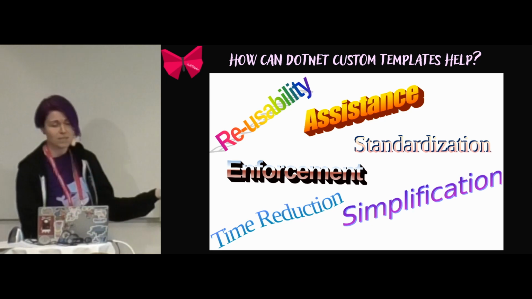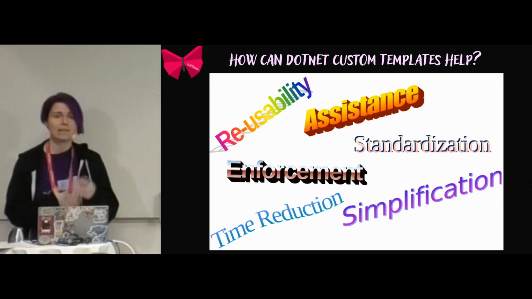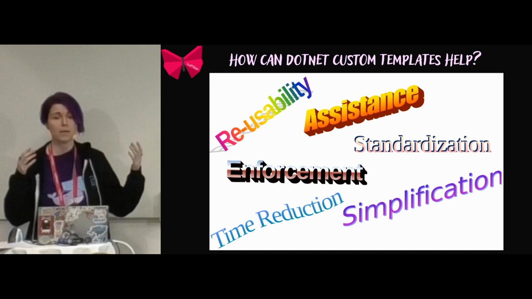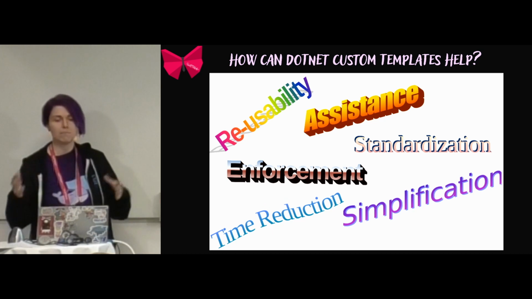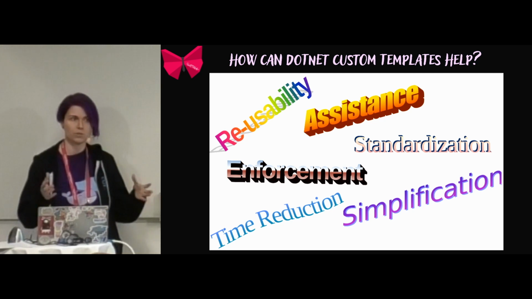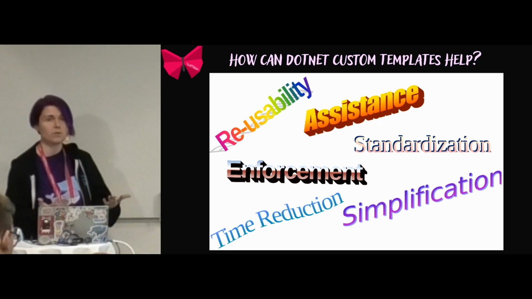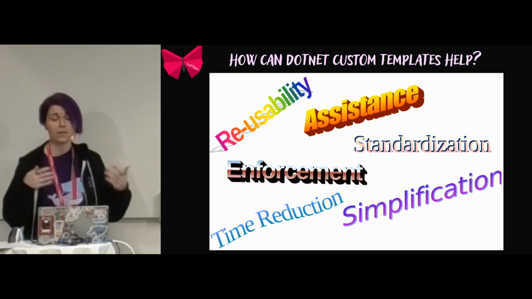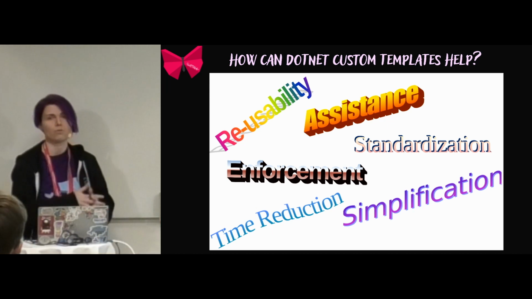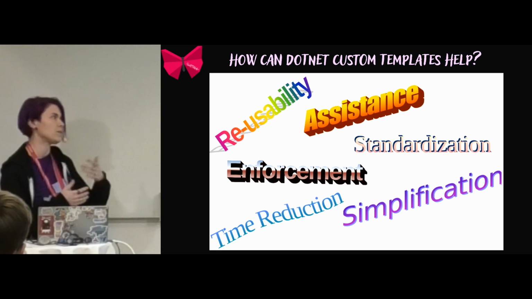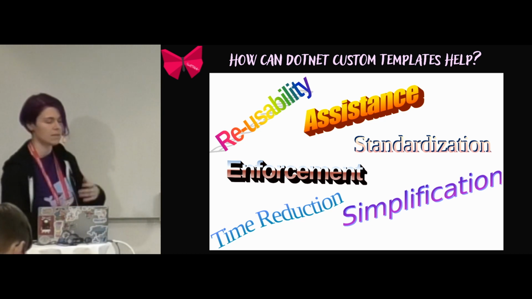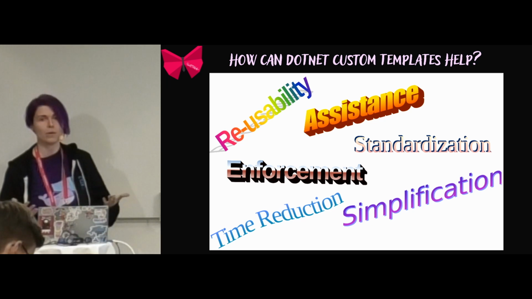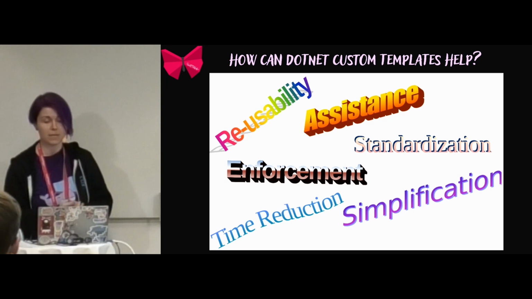What custom templates can help you with is basically introducing reusability of some best practices, some coding guideline implementations that you want everyone to use. It helps you to create the whole flow for the application faster. It helps standardize and ensure that, for example, the applications follow the architectural design standards and the security standards that you have in the organization, and it is a way to enforce some of them automatically as well.